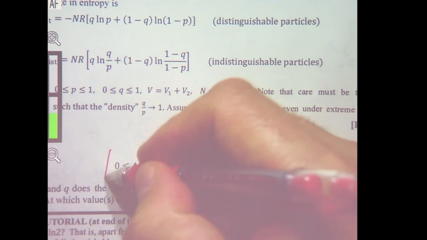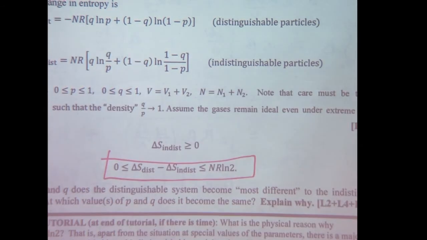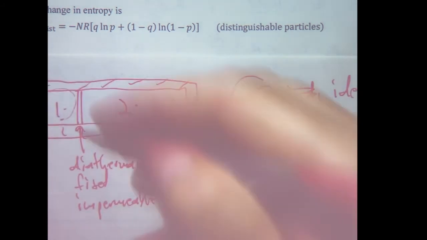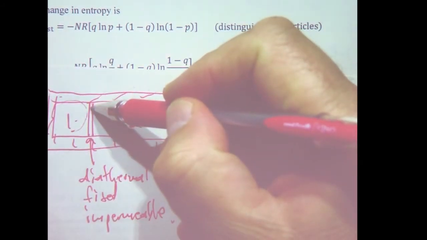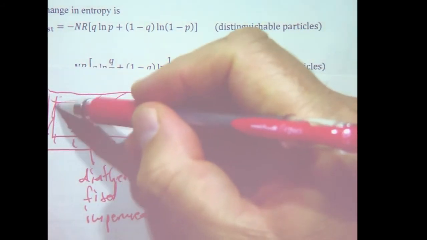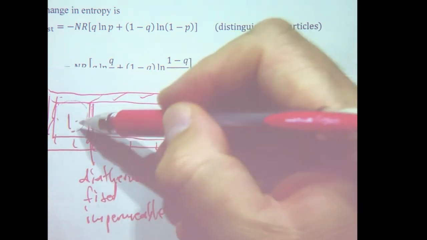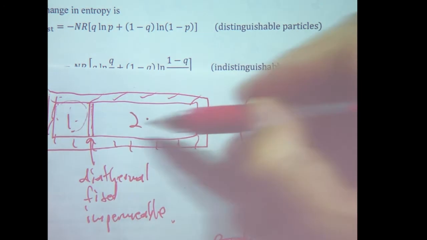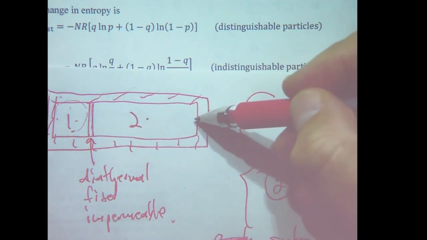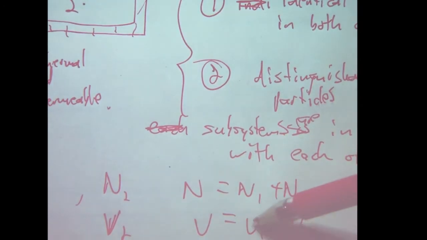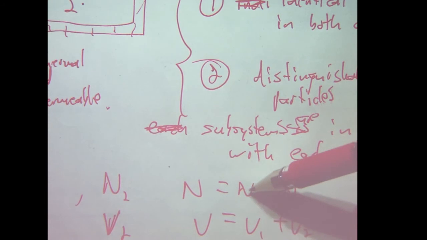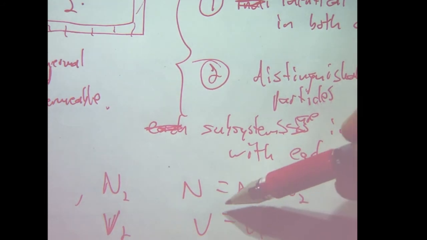You get that, depending on what can be different, you can put this partition all the way across here and make this subsystem have 0 volume, or you can make subsystem 2 have 0 volume, or you can have any distribution of volumes in between, as long as V1 plus V2 equals V. You can also have any numbers of moles.